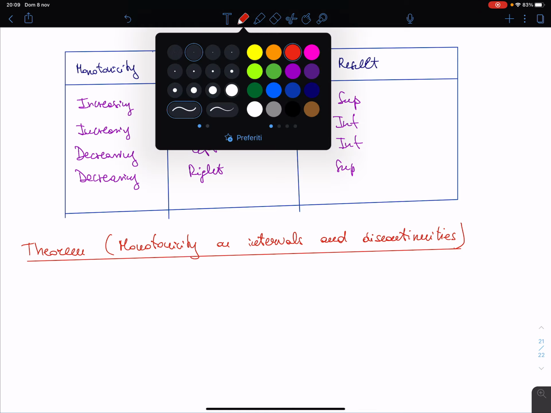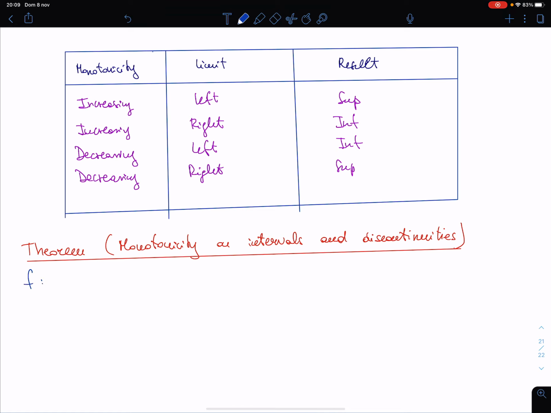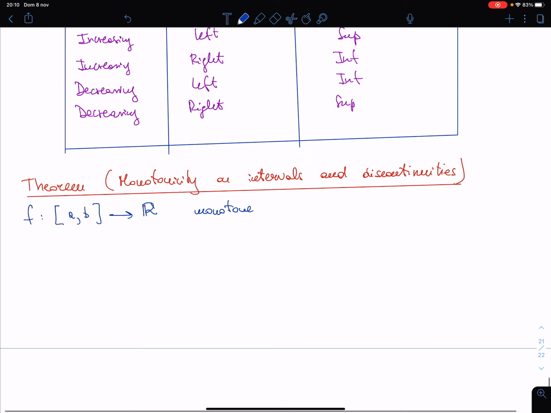You have f, which is a function whose domain is an interval. This is very important. The interval is AB, so f from AB to R. A monotone function. I don't want to specify whether it is increasing or decreasing.